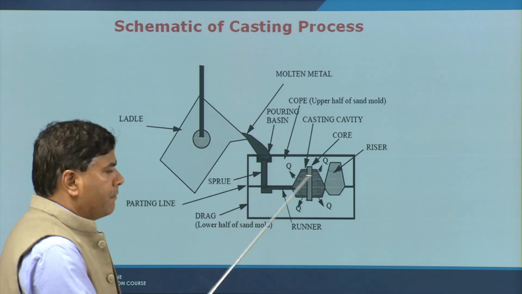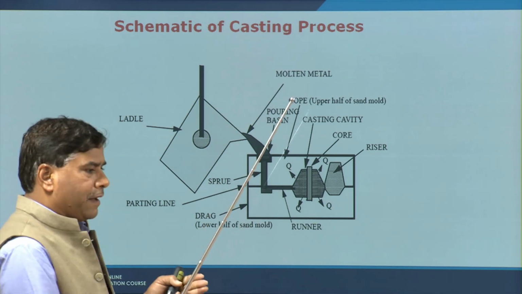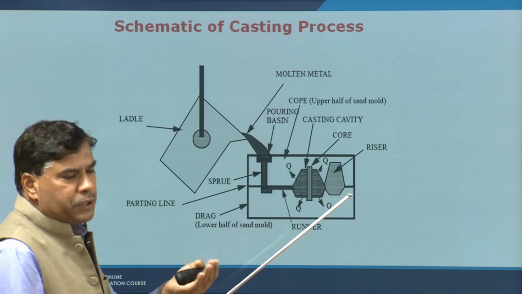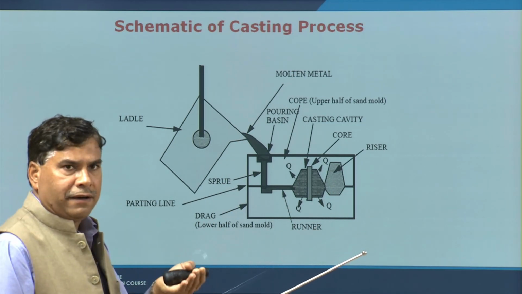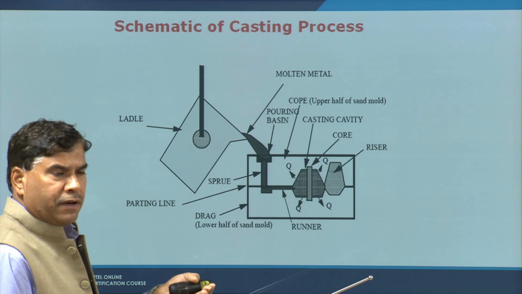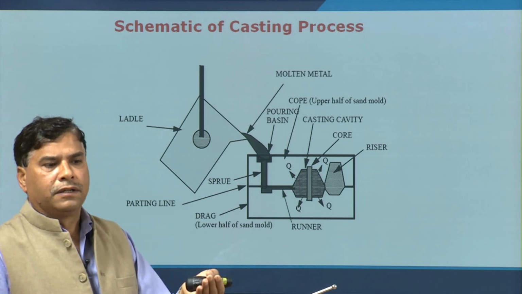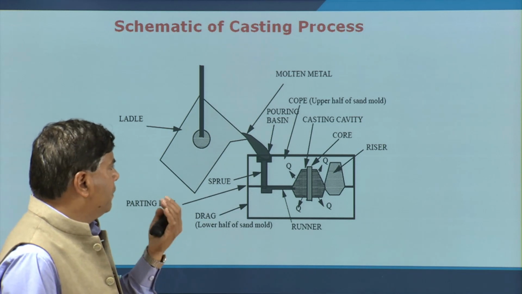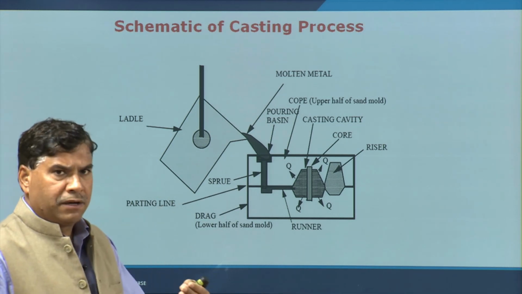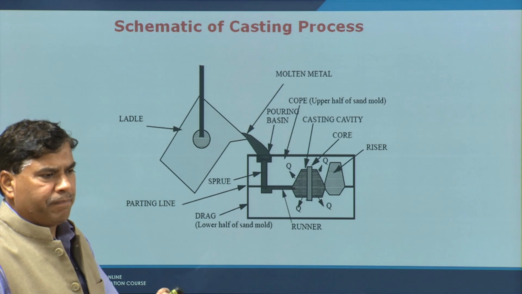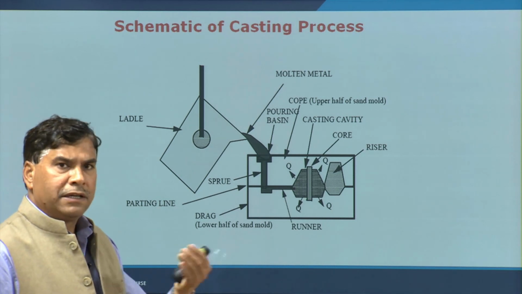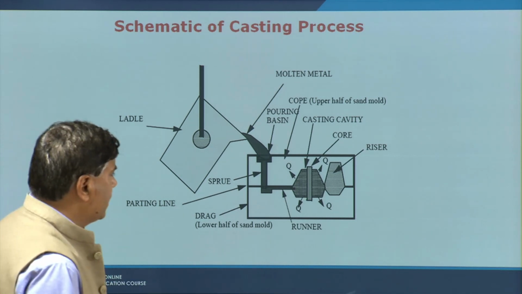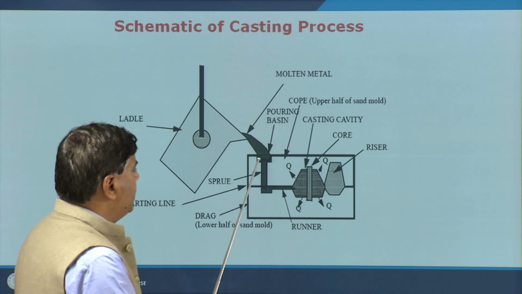The pouring basin acts as a reservoir of the molten metal to feed the mold cavity, and it also separates out impurities, inclusions, oxides, etc. if they are present in the molten metal.